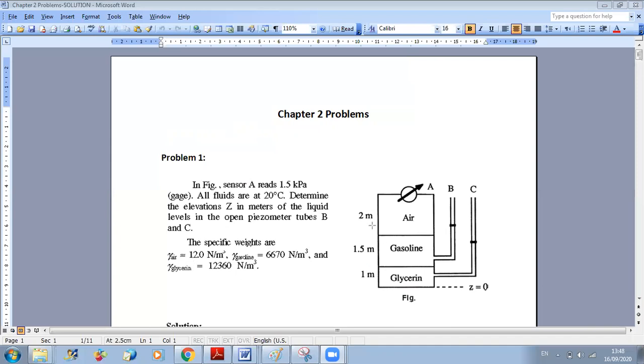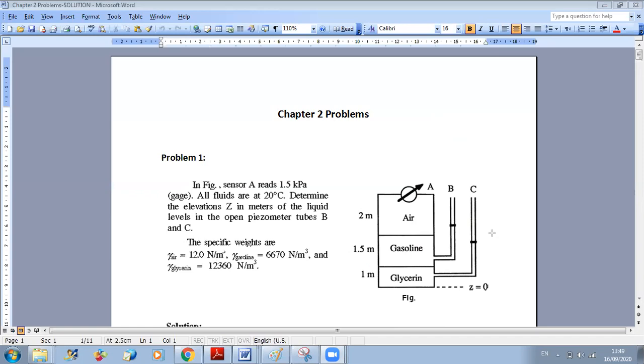The elevations are nearly close to each other, so you don't have very high elevation of air, and gamma of air is very small compared to gamma of gasoline and glycerin, so you can neglect it. But because they gave you the value and they gave you the height, it's fine, you can put it, it will not change anything, and the change in value will be very small. But when they give you the data, it's better to use it to be accurate.